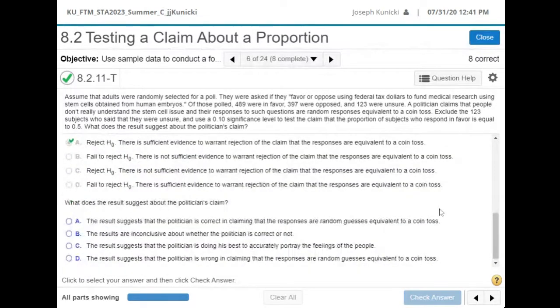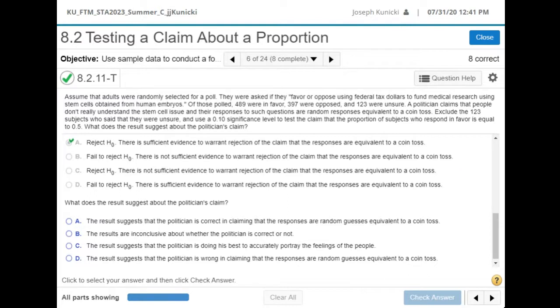And the final result says, well, the politician claimed it was a toss-up, 50-50. But it wasn't. In StatCrunch, the sample proportion was 0.552, so it's bigger than 55%. So more than 55% of the people chose yes.